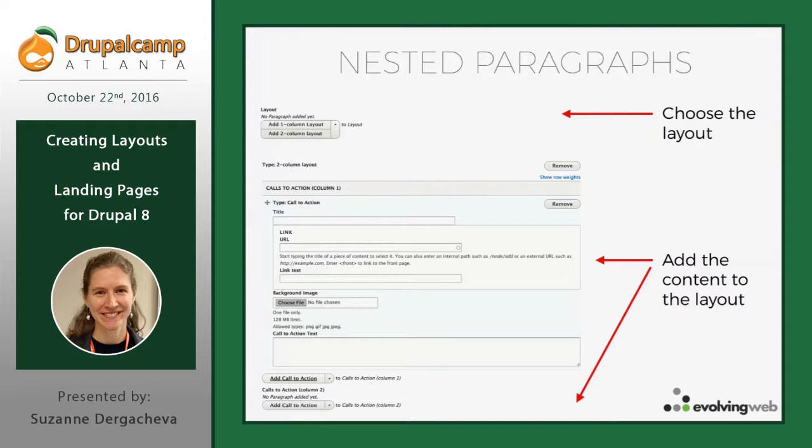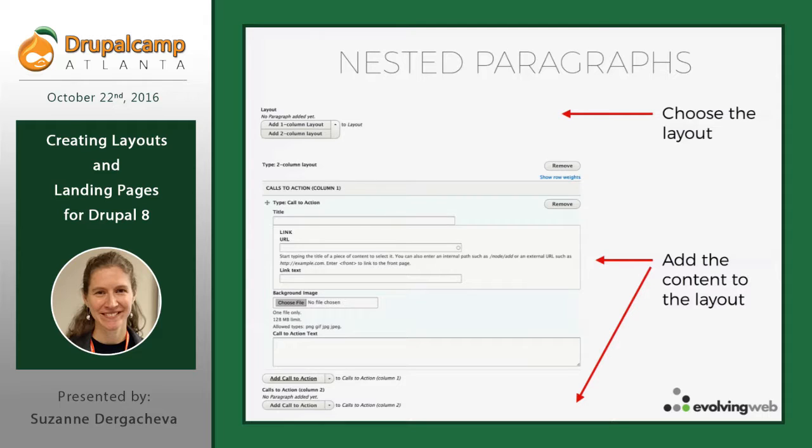So nested paragraphs, this is an alternative approach. We talked earlier about creating paragraphs. You can create different types of paragraphs on your site. So one type that you might come up with is a type for a layout. So you might create a paragraph type for a one-column layout or a two-column layout, or maybe a two-column layout with a footer or something like that.